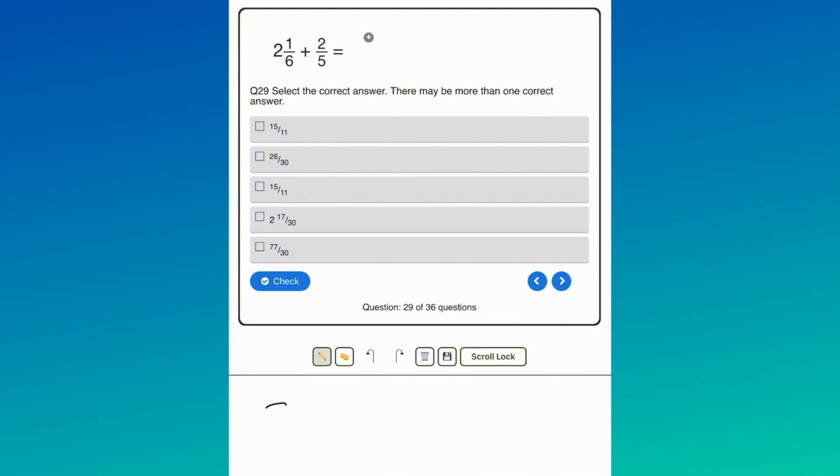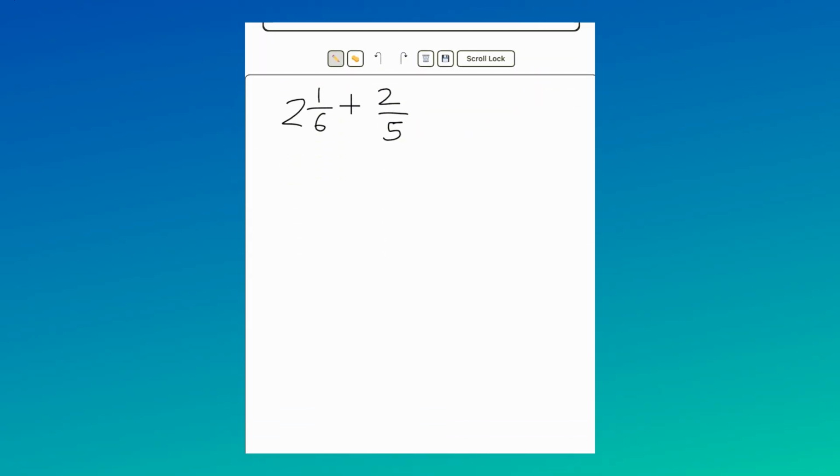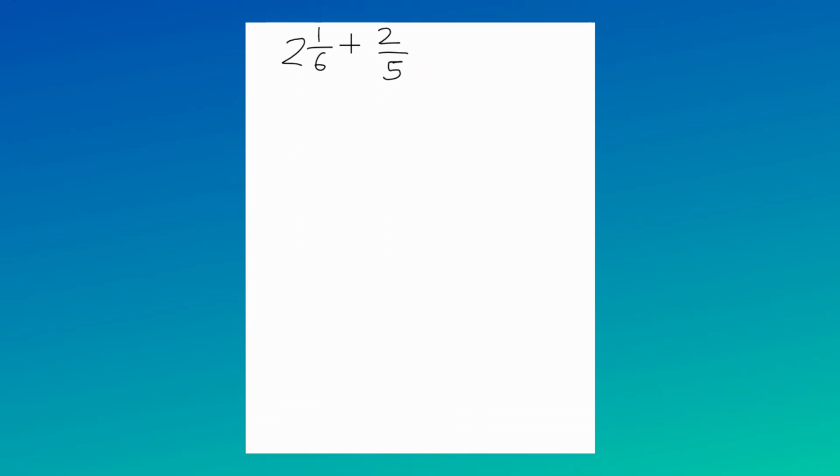Question 29. 2 1/6 plus 2/5. Okay. Now we have a mixed number plus a regular fraction. I'm going to convert my mixed number into a top-heavy fraction.